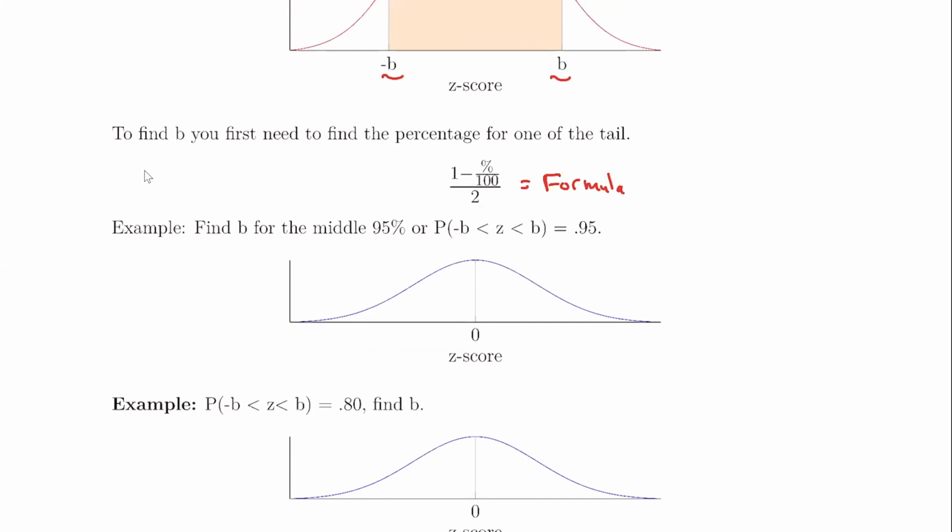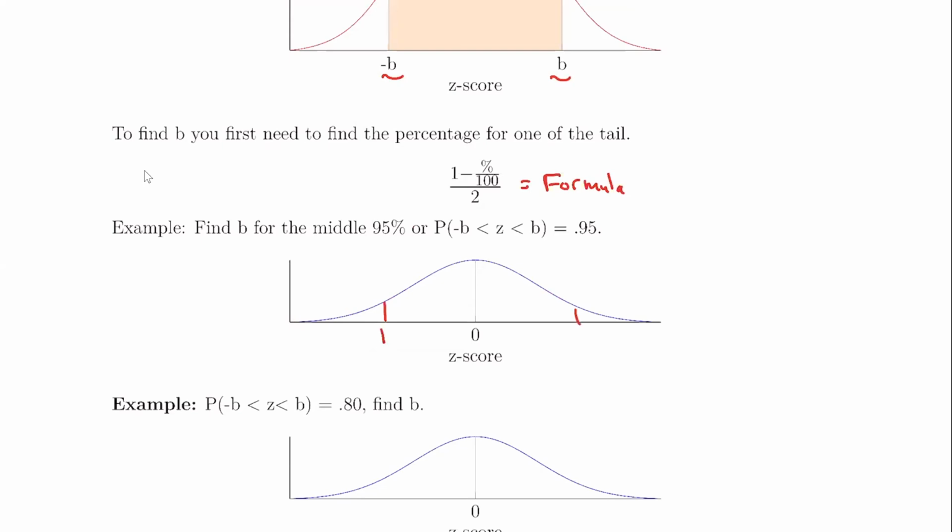So it says find B for the middle 95%, or sorry, the probability that negative B is less than Z, which is less than B, is equal to 0.95. So this is telling you want the middle. So we're going to say this is the middle.